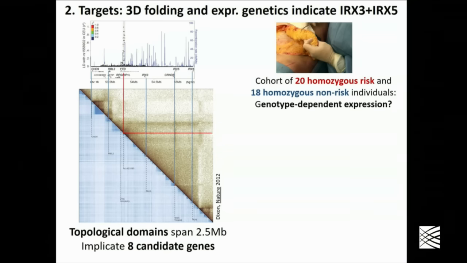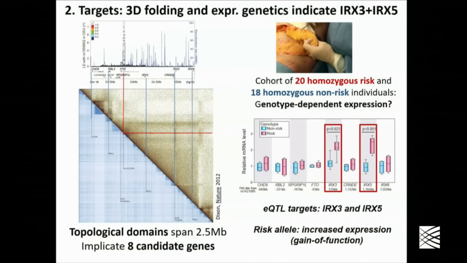And then we asked, from all of these genes nearby, do we find any expression changes in adipose? And the answer was remarkable. No expression change for most of these genes except 2. IRX3, 500,000 nucleotides away. IRX5, 1.2 million nucleotides away. So these genes are sitting within this domain, here and here, but they're nowhere near the genetic region of association.